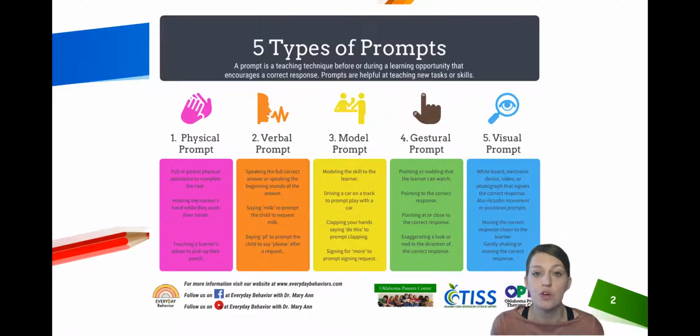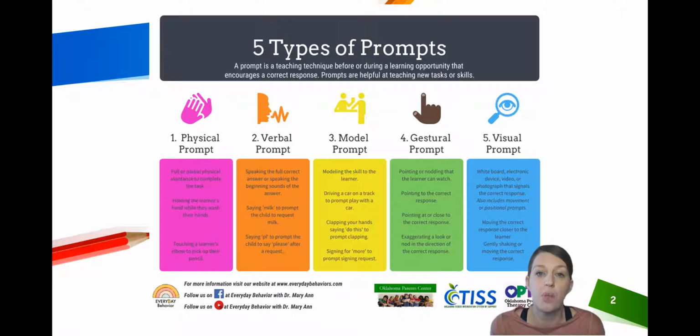You can either use a full verbal prompt or a partial verbal prompt, where you could be partially saying the word, giving them a hint or a clue, but not fully saying it. So if you want a child to say milk, you could say, say mi, and wait for them to say the answer or an approximation of it before you provide it to them, okay?